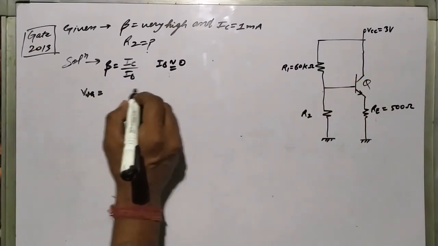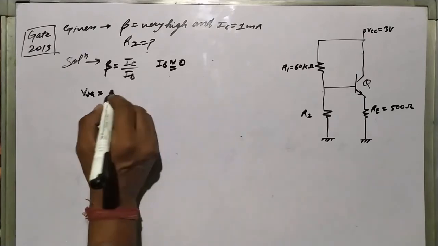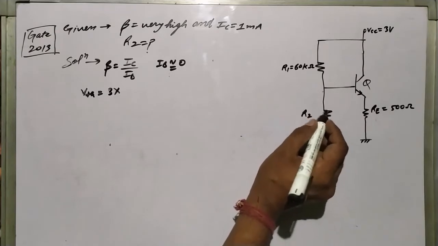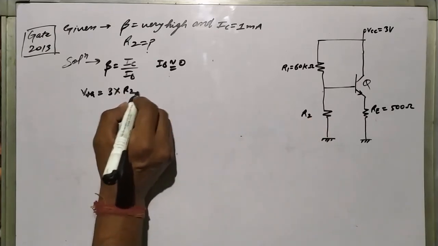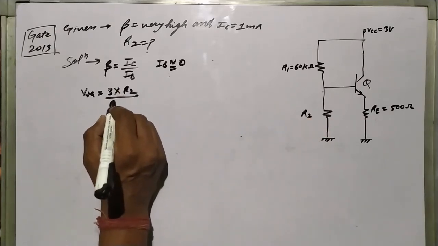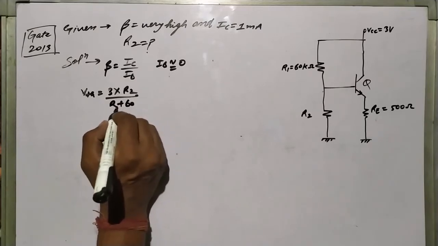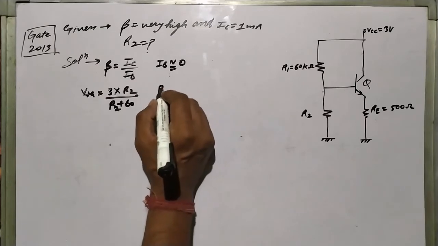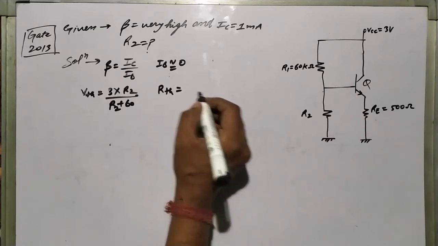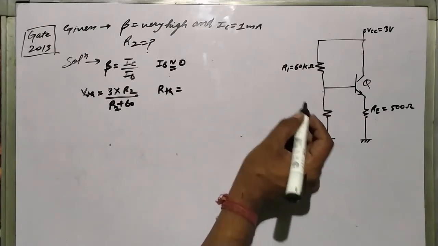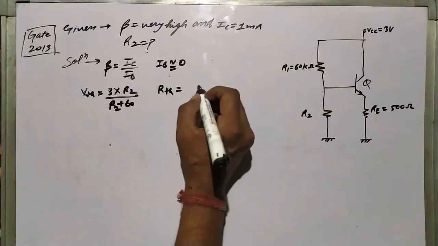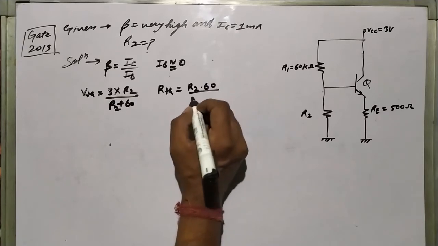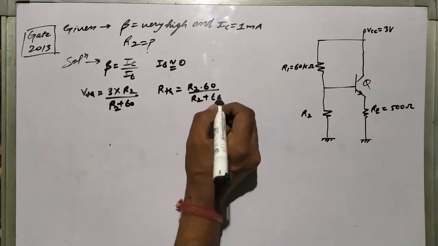VCC is 3 volt, and we are calculating across R2, so VTH is 3 times R2 divided by R2 plus 60. And RTH will become R2 parallel R1, so it means R2 times 60 divided by R2 plus 60.